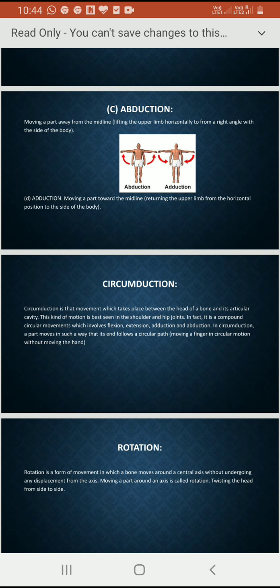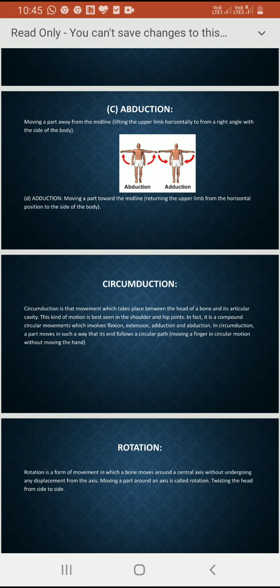In fact, it is a compound circular movement which involves flexion, extension, adduction and abduction. In circumduction, a part moves in such a way that its end follows a circular path, like moving a finger in a circular motion without moving the hand. So this is circumduction.